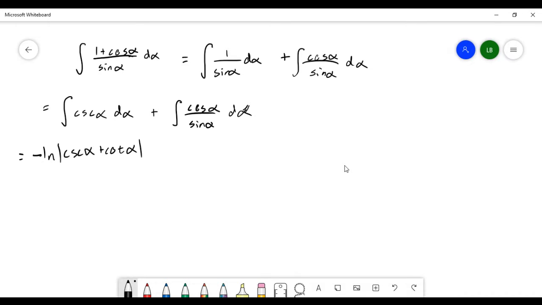For cosine alpha over sine alpha, we can use simple u substitution. And we end up with the integral of du over u, apologies, which is the natural log of u. So we have plus the natural log of sine alpha, then plus c.